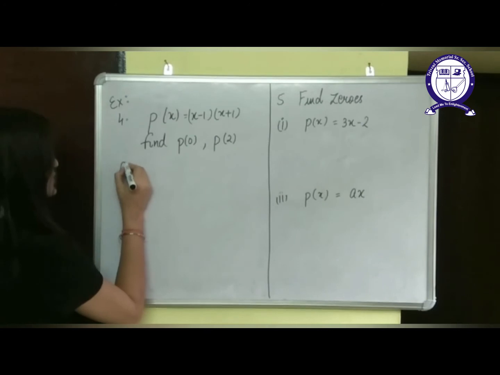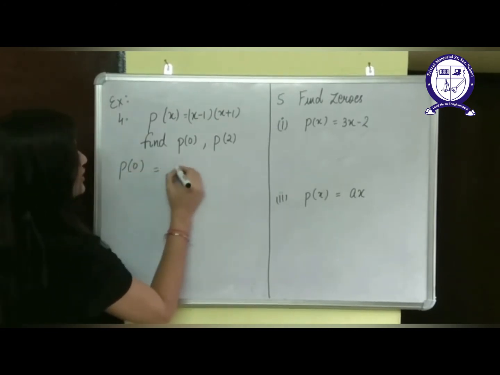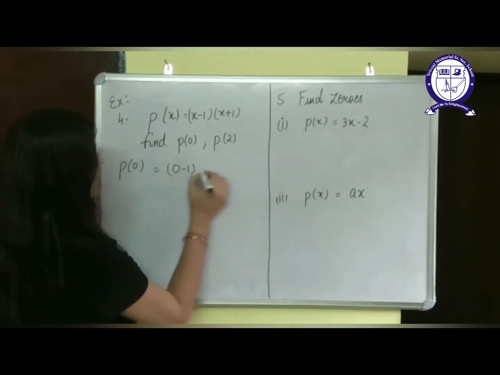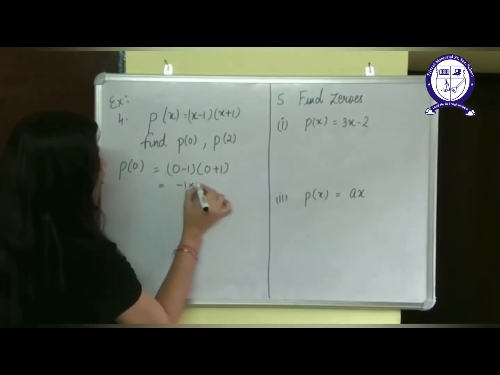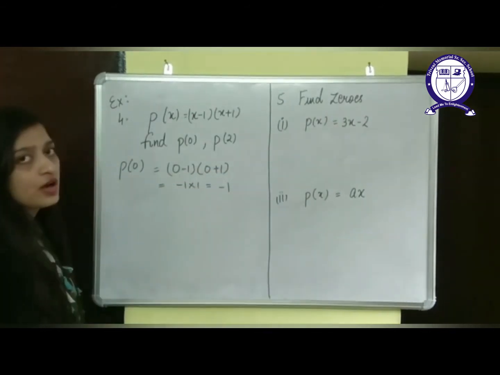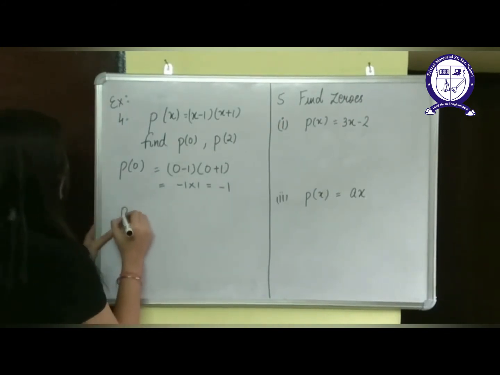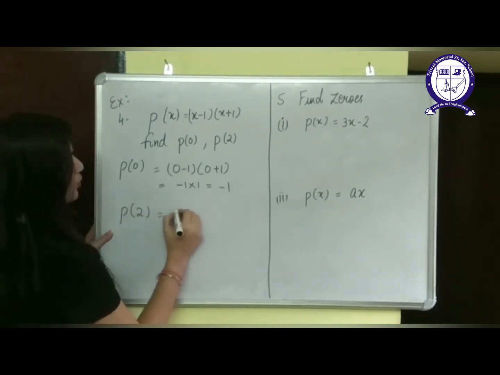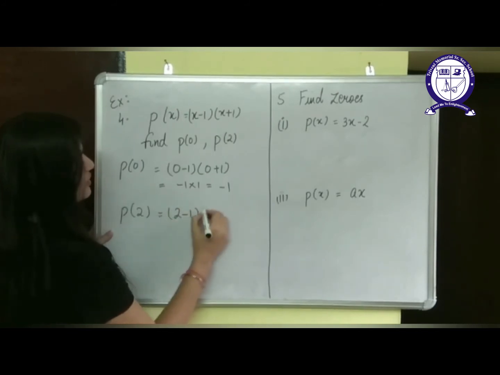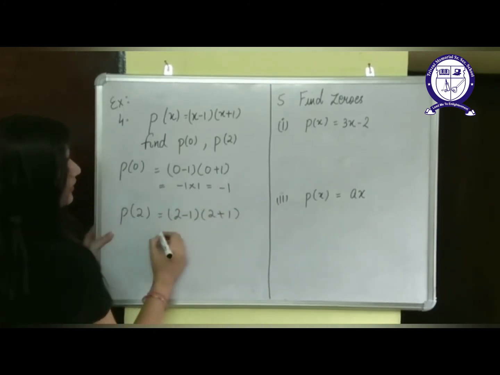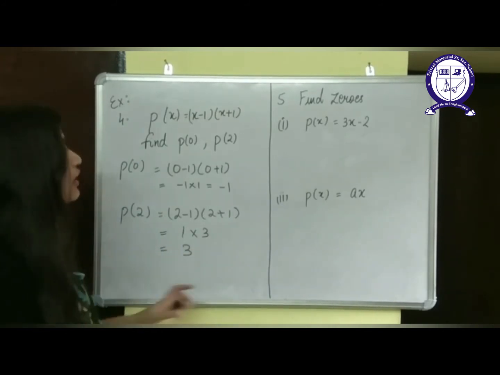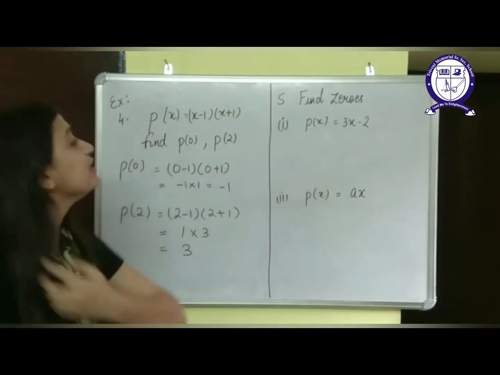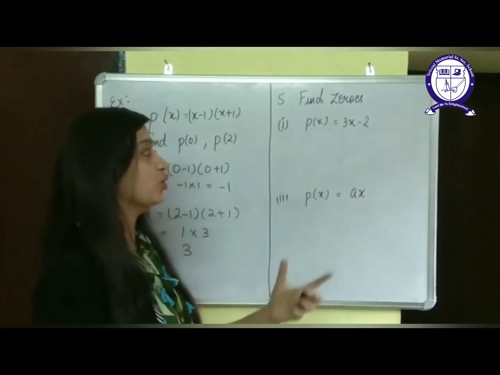For p(0), I will have (0 minus 1)(0 plus 1). So it will be minus 1 into 1, that is minus 1. Similarly for p(2), I am going to put 2 in place of x and it will become 1 into 3, that is 3.